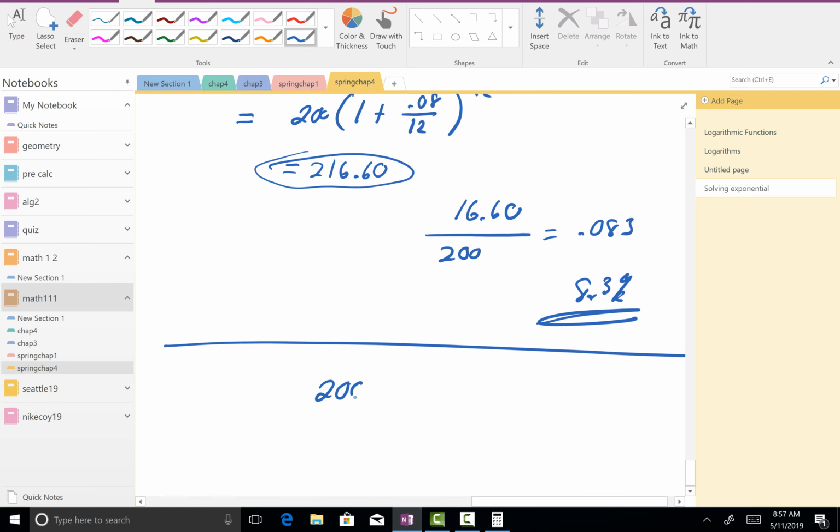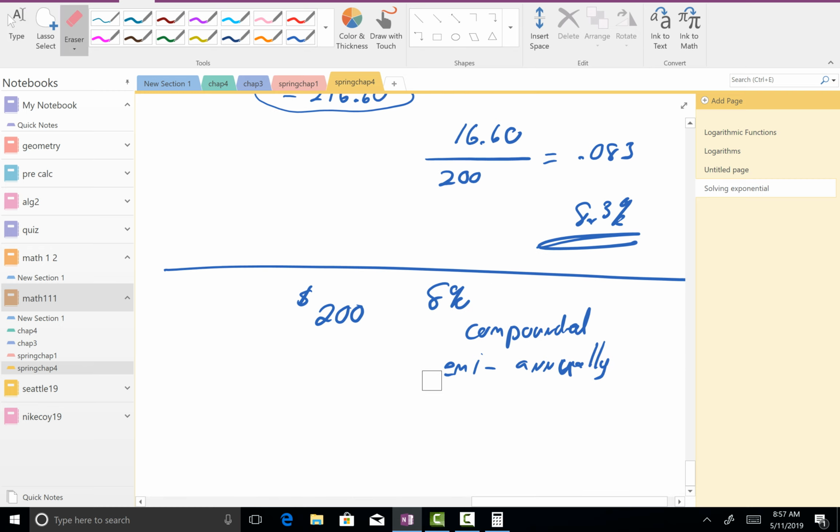So let's keep playing with this. We got 200, right? And we'll just stick with the 8%. But what happens if we say, well, we're just going to compound it semi-annually? How does that change the ball game a little bit?